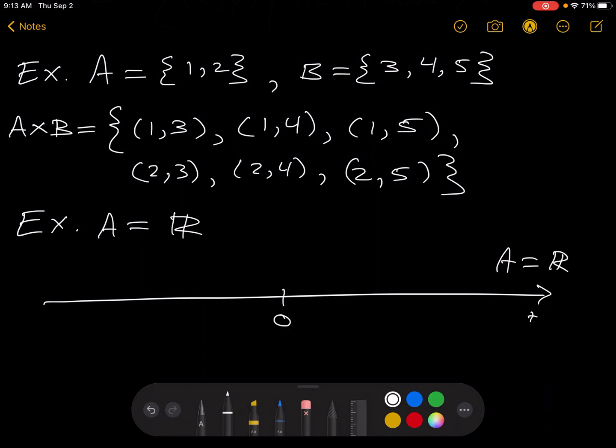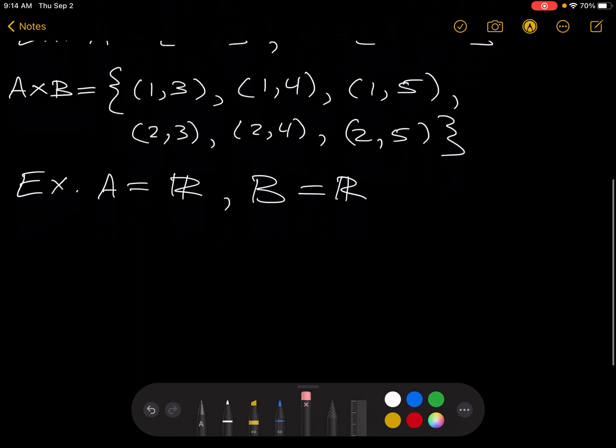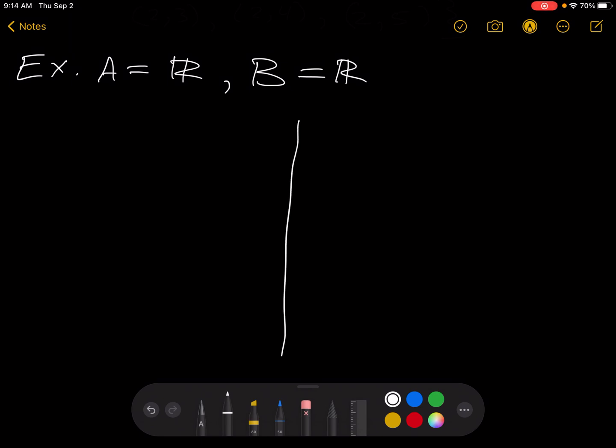We're going to the right to positive infinity, on the left to negative infinity. That's A. And we'll also make B into the real numbers, which you can think of as a line as well. So A cross B is actually the xy plane. Something you're quite familiar with, right?